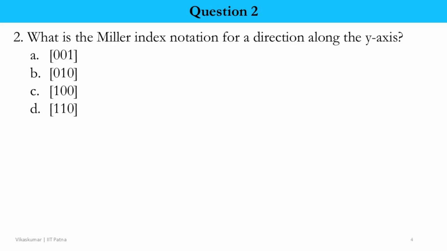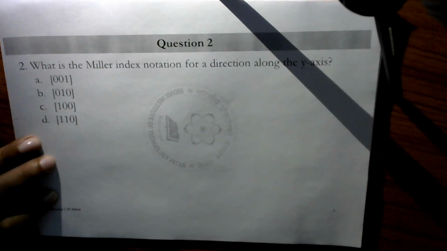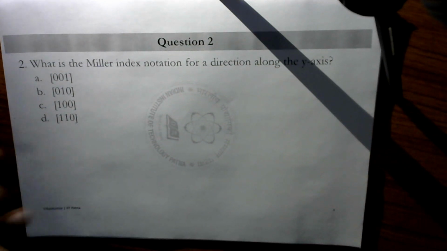Right. Let's move to the next question, question number 2. What is the Miller indices notation for the direction along the y-axis? So we have to find the direction which is along the y-axis and find its Miller indices. Let's make a cube.